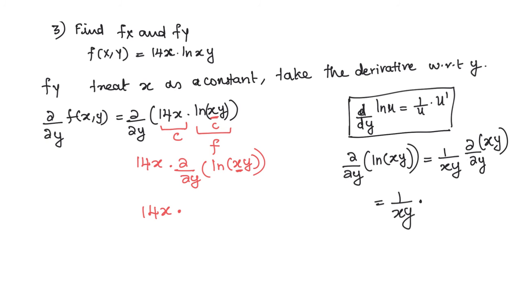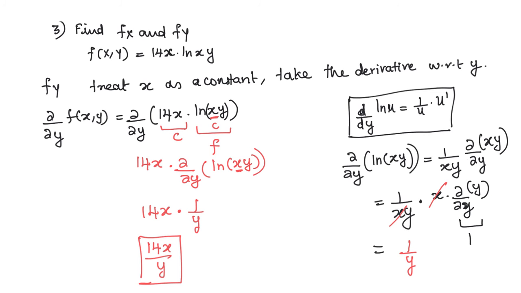So differentiating xy with respect to y means we are treating x as a constant. So it will be constant times the derivative of y with respect to y. Derivative of y with respect to y is just 1. And this x will cancel. So the answer is 1 over y. So this will be times 1 over y. So 14x divided by y.